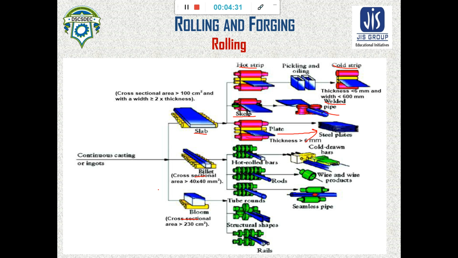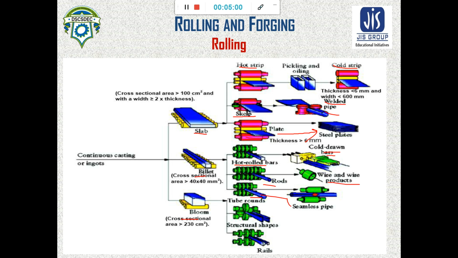Now from the billet, hot rolled bars, rods and pipes can be made. From the hot rolled bars, cold drawn bars can be made. From the rod, wire products can be made.